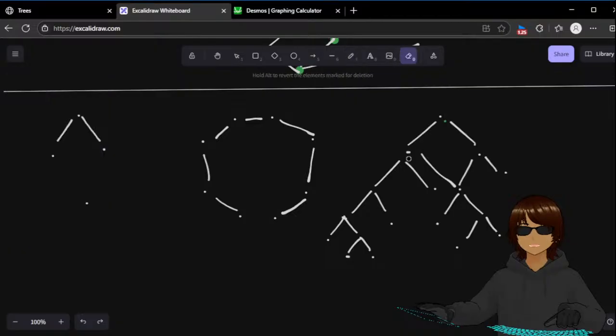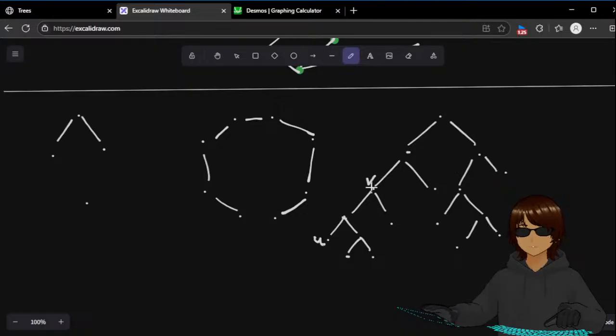So suppose we have a tree. We have this tree over here. Let's call this one U and let's call this one V, and this is the root.